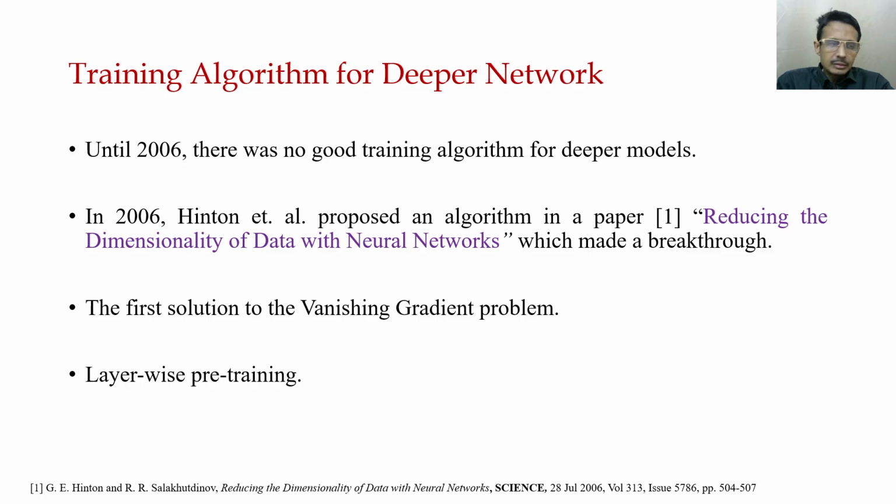Here, the major thing we observed is that this algorithm gave a very good solution for the vanishing gradient problem, which was one of the most important bottlenecks to using backpropagation-like algorithms for the deeper models.